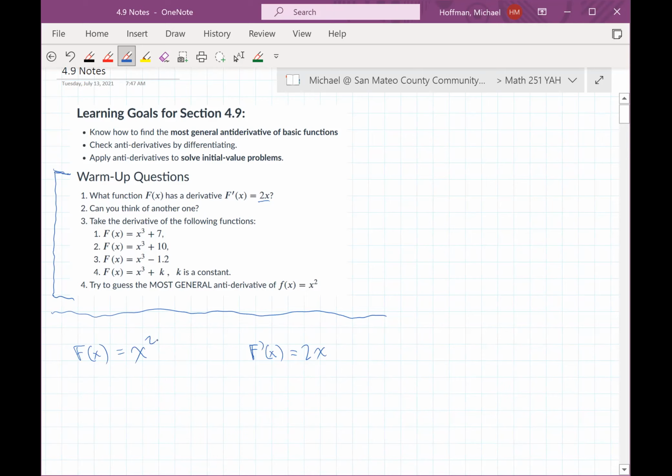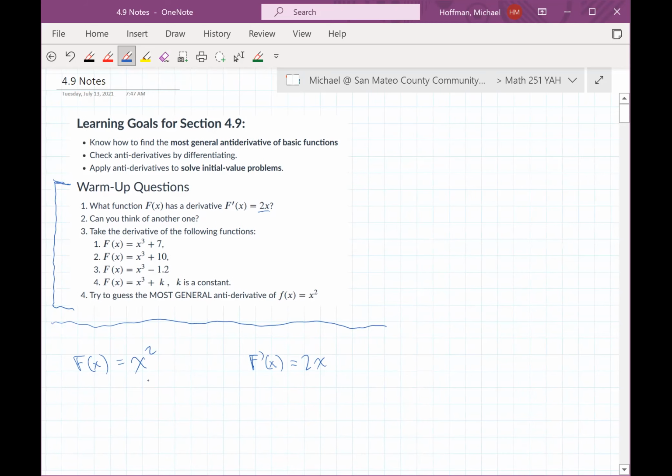If my function is such that when I take the derivative, I get this thing back, we say this is, in particular, an antiderivative of the derivative 2x.